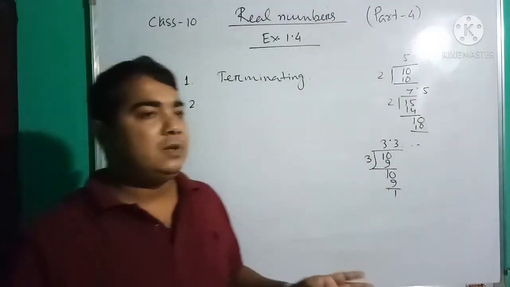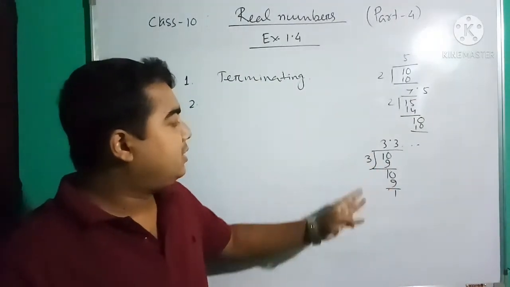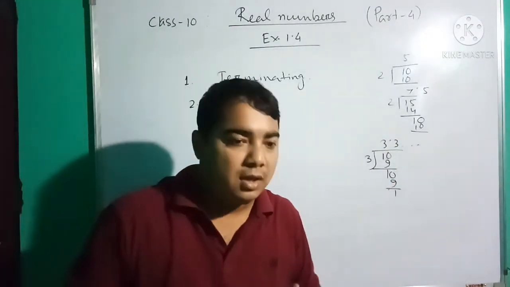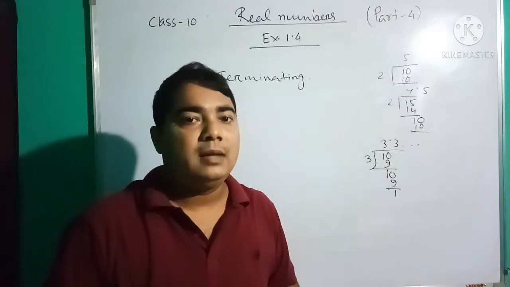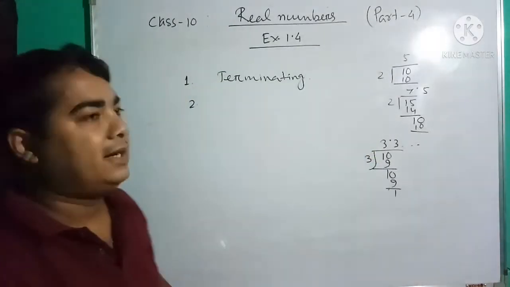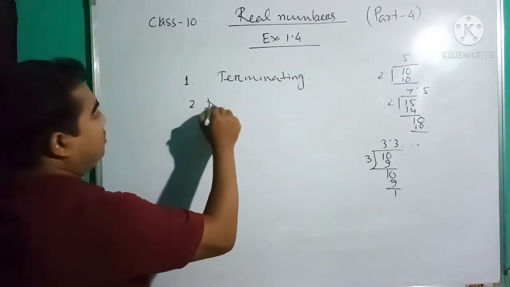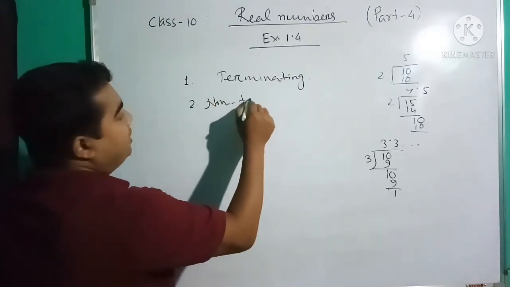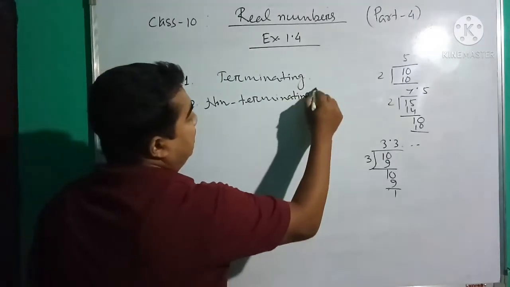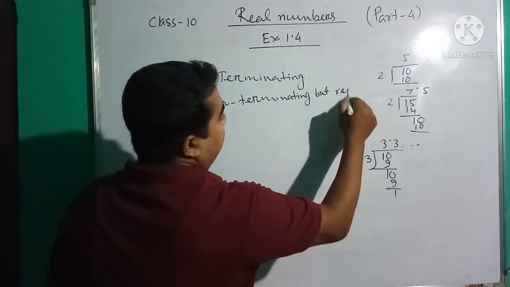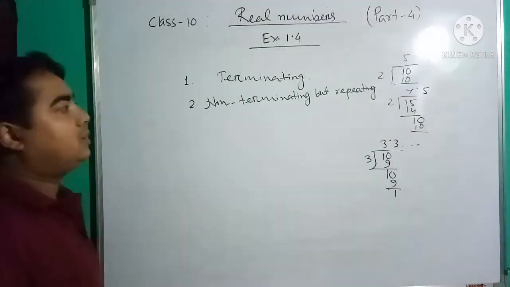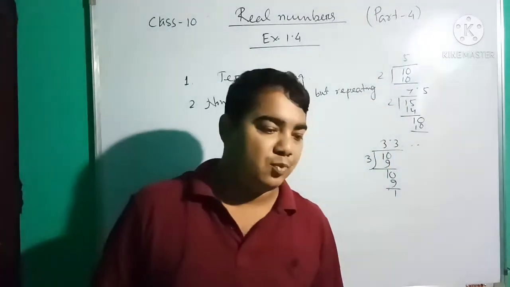That means if we divide 10 by 3, the quotient is 3.33333. It is called non-terminating but repeating. Both are properties of rational numbers. Non-terminating but repeating, or recurring, same word.